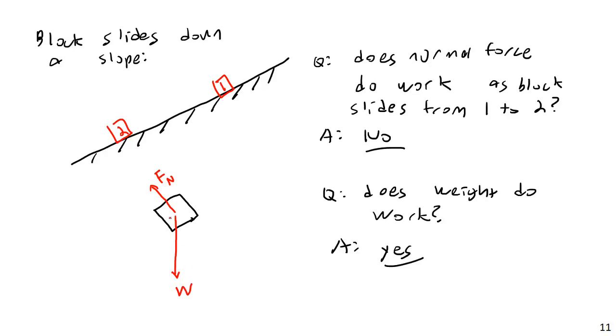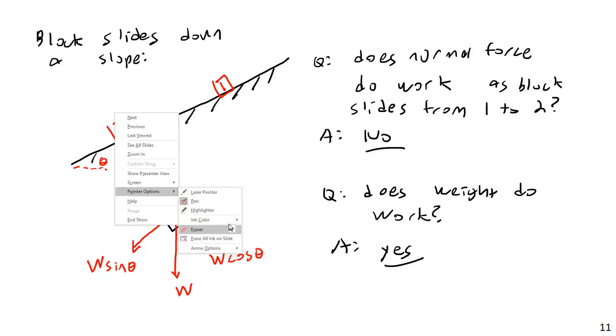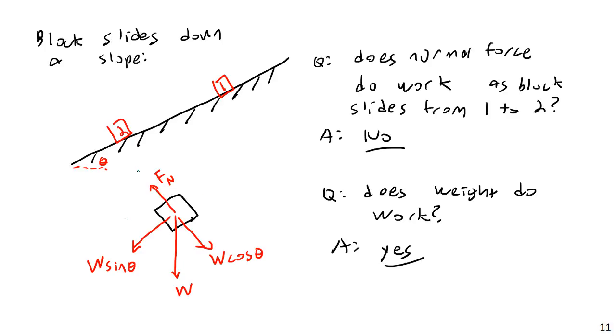If you remember from high school physics, you can work through the trig yourself, or I can simply say the along-slope component of weight is going to be W sine theta, at a certain angle theta, and the perpendicular component would be W cosine theta. These are the components of weight. And of course, our x would be along the slope like this.